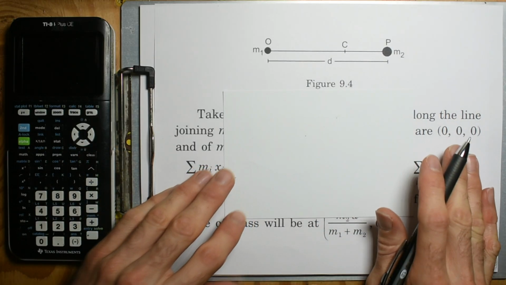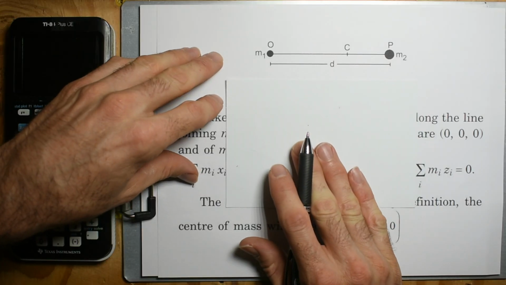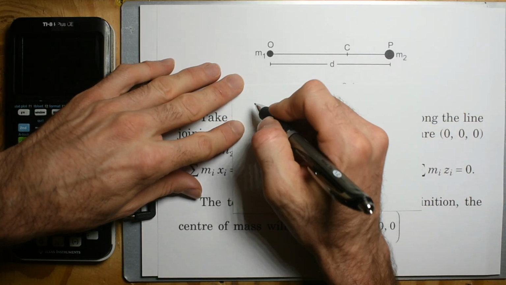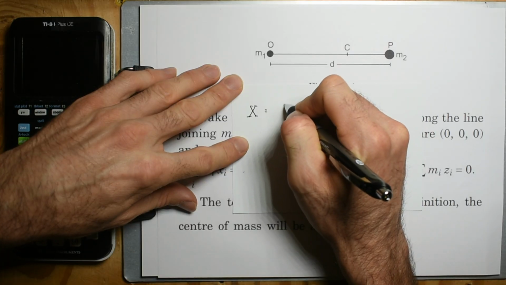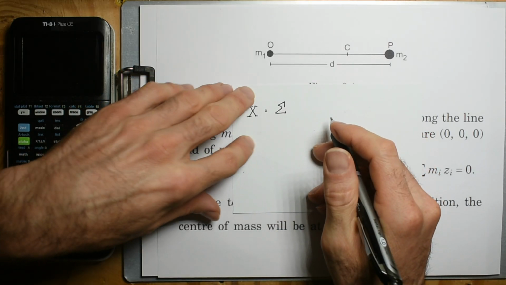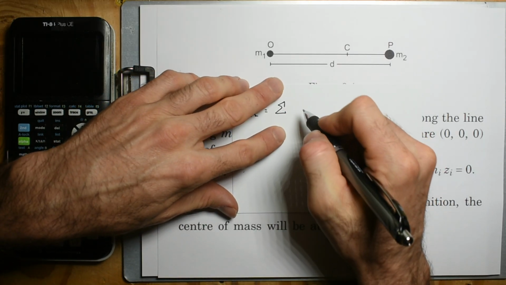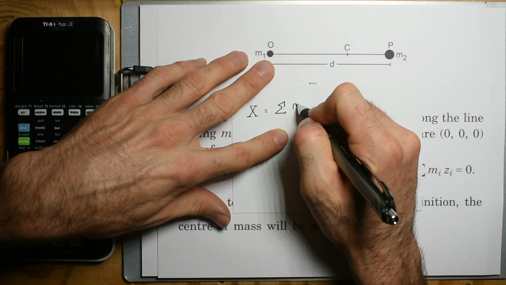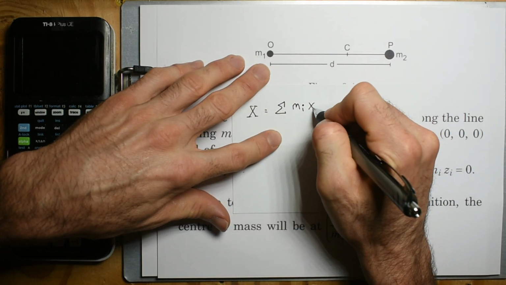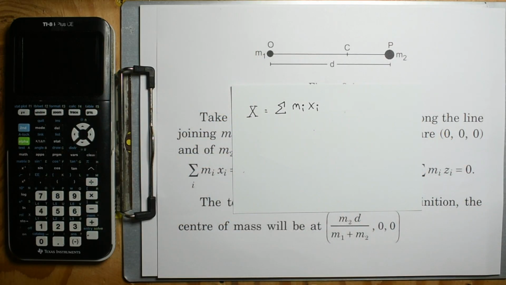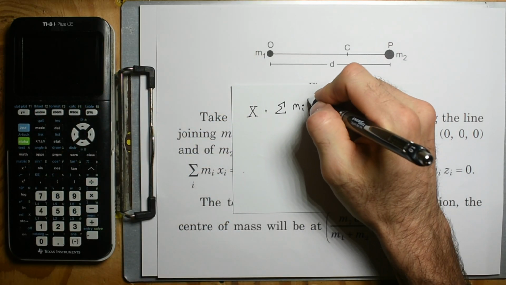Okay, so let's just go over the equation for center of mass. The center of mass in the x direction is going to be the summation of each of the particles multiplied by their distance. So what we're doing is giving their distance some sort of value.